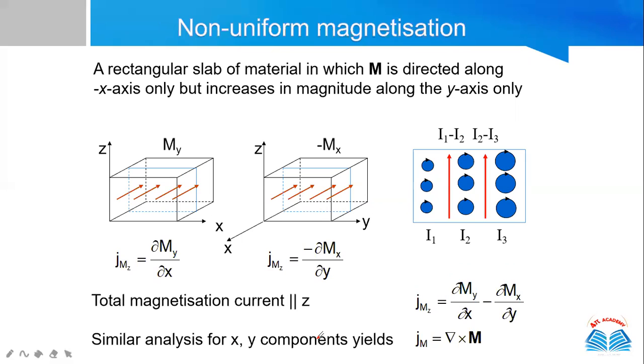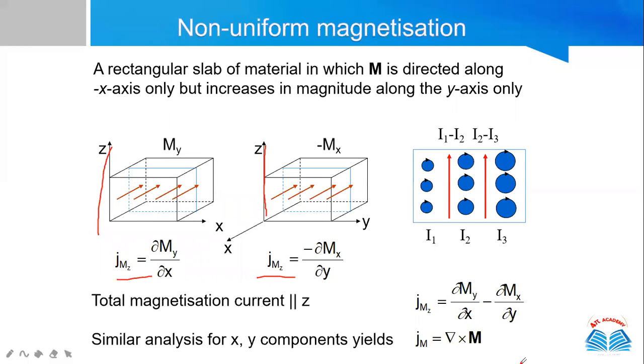The current density will follow the same direction in which initially we were applying the magnetic current, the circulating current. So this JMz will be for My, this JMz will be for minus Mx, and this for if we wish to apply them both, and so on. So the total magnetization current is always parallel to this Z axis.